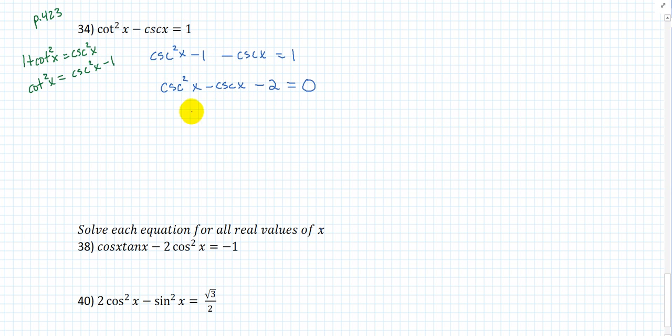And then like we had before, you can think of this as x squared minus x minus 2. Can you factor that? You're going to have x times x, and then negative 2 times plus 1, because I have to make sure that the 1 is the smaller, is the positive, because that's negative right there.